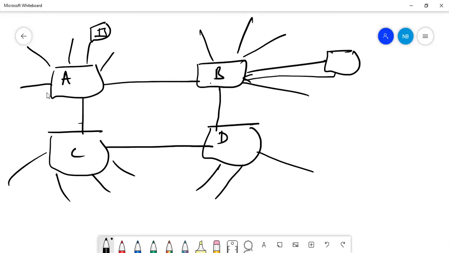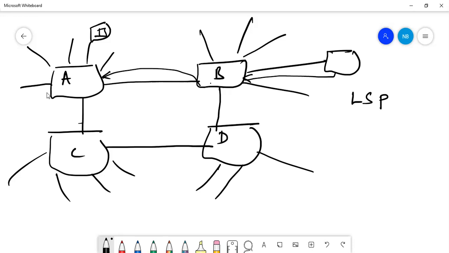Whenever a packet is sent, it will be sent to the neighbor routers and it will share its information. The B router will be sharing information with A. Whatever information is passed as a packet from router B to router A is called LSP.